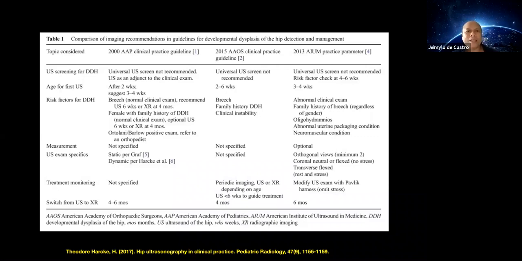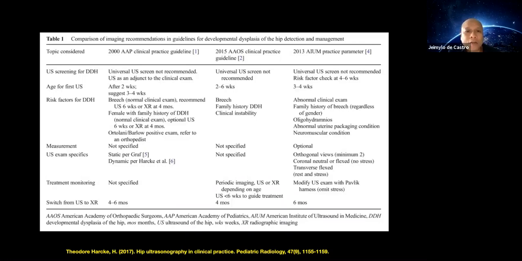What they were saying is that ultrasound screening for developmental dysplasia of the hip is not recommended as an adjunct to the clinical exam, not yet for all, but the first ultrasound should be done. If you notice their suggestion, it should be within or after 2 weeks. And you will later realize that the best timing is actually 8 weeks, based on studies, of course.